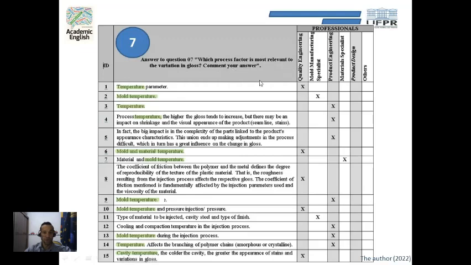We can see many answers about temperature, and specifically about mold temperature. So, like the literature review, we have a similar result in the questionnaire. Mold temperature is a main problem for gloss variation.